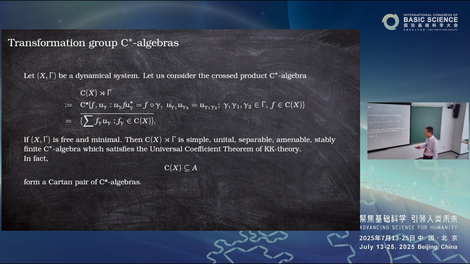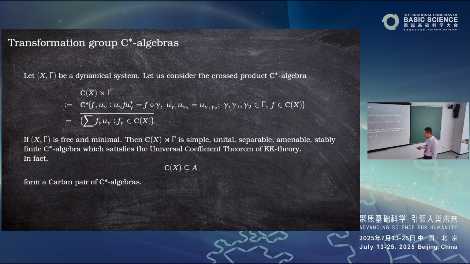And this pair actually forms a Cartan pair, or you can say this C of X inside A is actually a Cartan subalgebra. And if you look at this pair of C-star algebras, actually you can recover a lot of the dynamical information you start with.